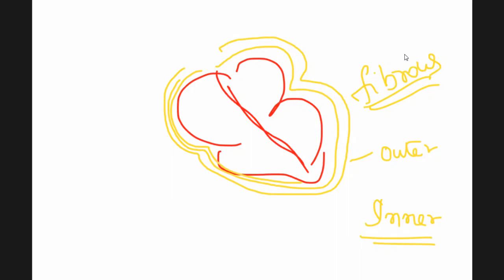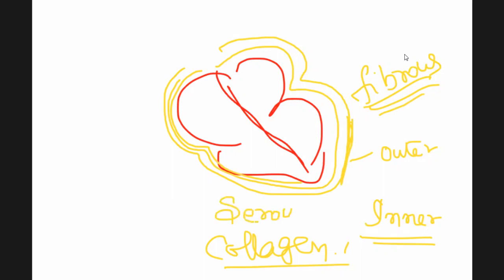Most abundant protein, I think in botany it was also mentioned in proteins. Most abundant protein in animal cells is collagen. So this outer layer is a tough covering, the fibrous layer. And the inner part of it is called serous pericardium. Sera meaning watery fluid.